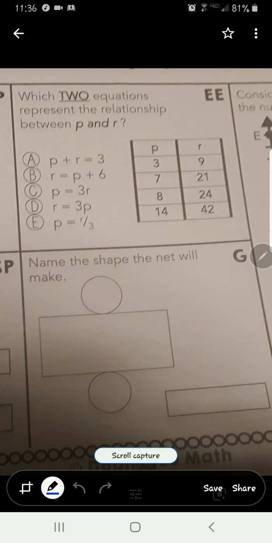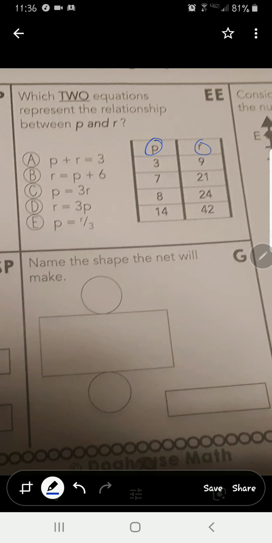Let's see here. Which two equations represent the relationship between P and R? So we have P and R. What equations demonstrate the relationship between them? So we can look here.